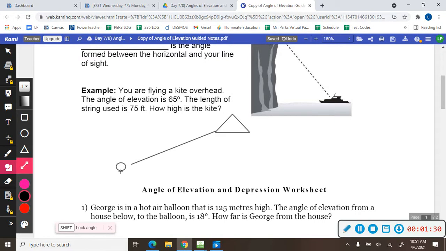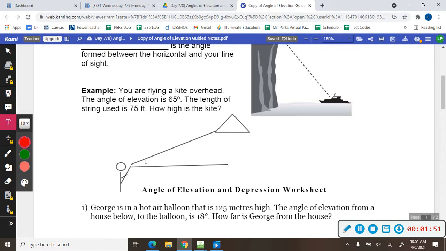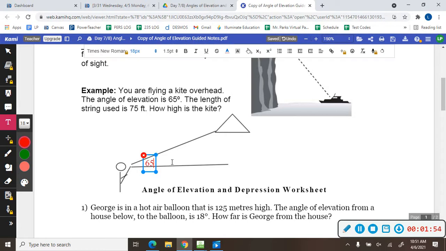I'm definitely going to do stick figures. The angle of elevation is 65 degrees, so this is 65 degrees. The length of the string is 75 feet. How high is the kite?